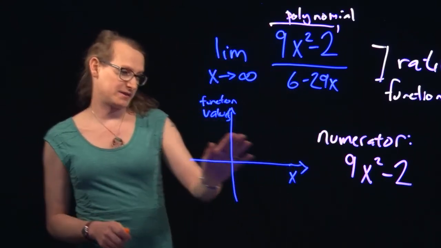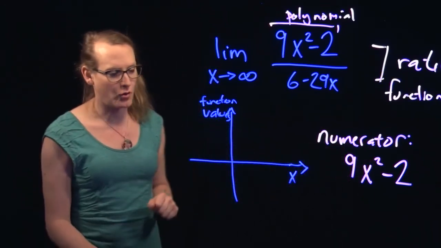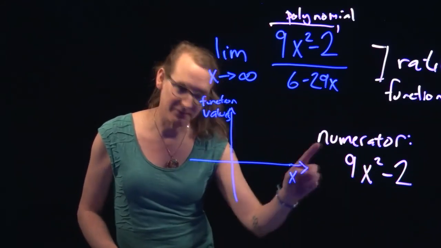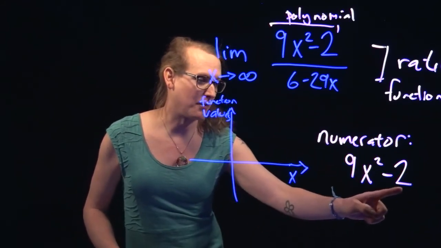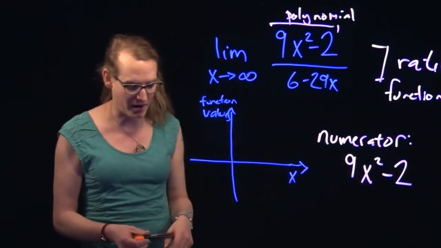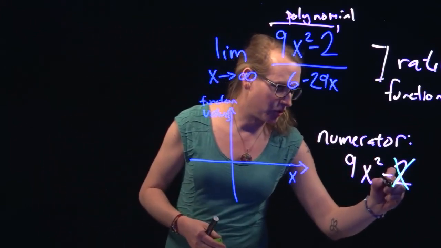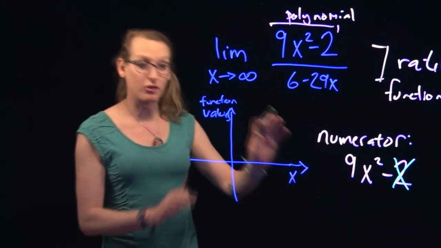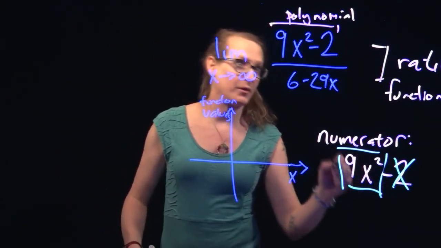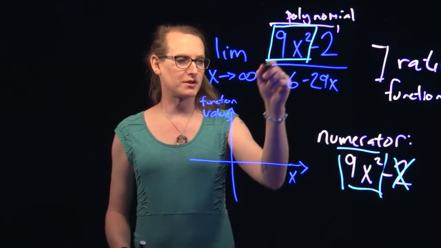And as x gets bigger and bigger and bigger, the 9x squared is going to vary, while this 2 is going nowhere. x can change all it wants, this 2 is going nowhere. So we can safely ignore this term near infinity, and the 9x squared is going to dominate. So 9x squared is our leading term.